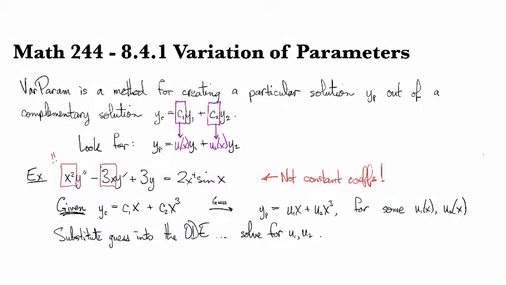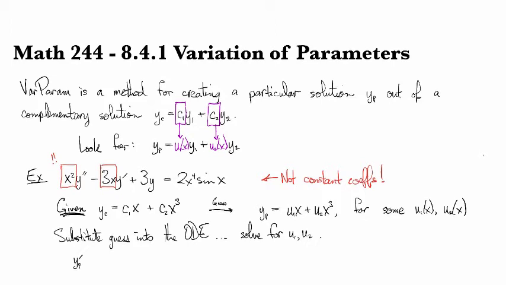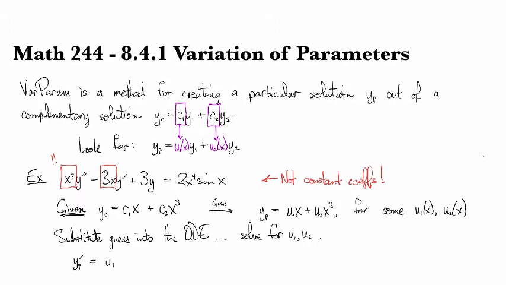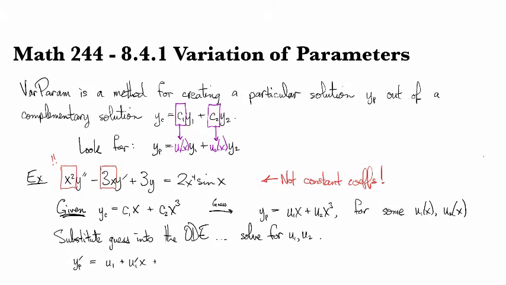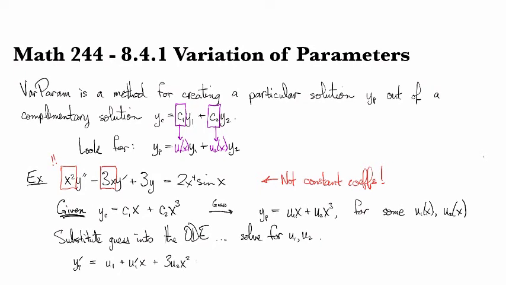Okay, so we're going to need YP prime to substitute into that differential equation. So this gives us u1 plus u1 prime x plus 3u2 x squared plus u2 prime x cubed.